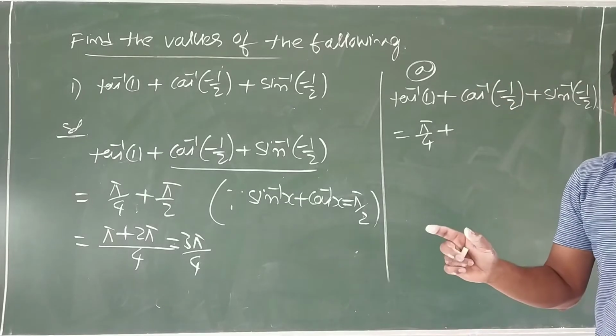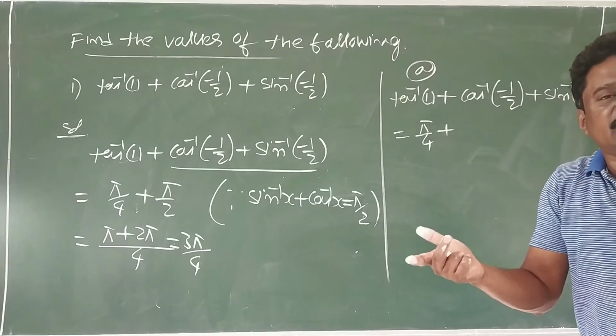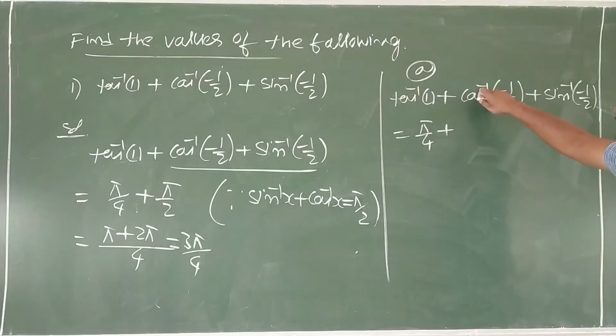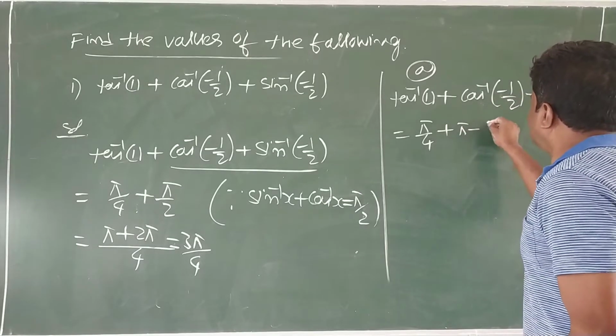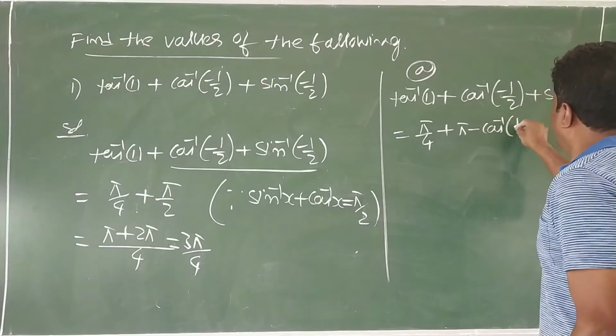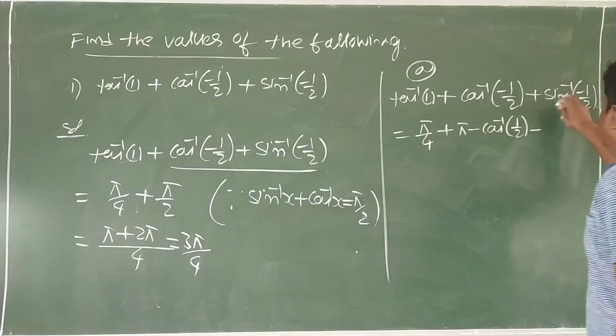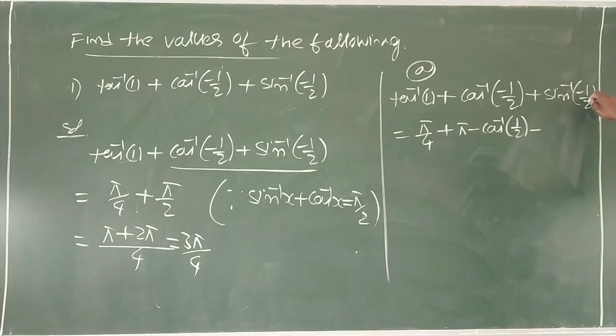Use pi minus. In the last class I discussed that. In cos inverse, if minus comes, use pi minus cos inverse 1 by 2. Plus, what is sin inverse minus x? Minus sin inverse x. So plus into minus sin inverse 1 by 2.